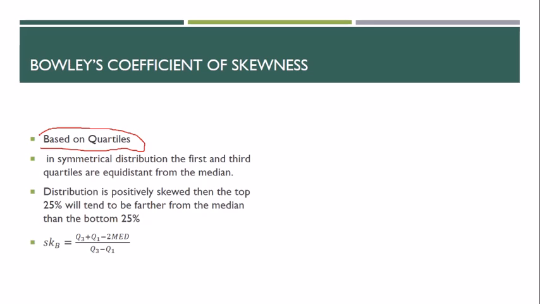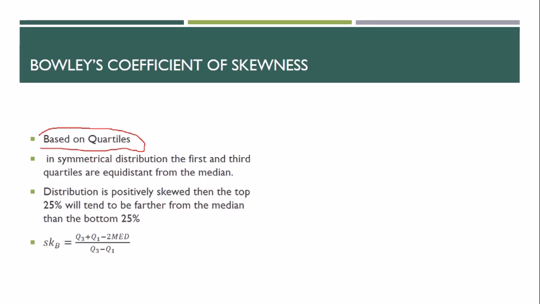But since it is skewed, if a distribution is positively skewed, then the top 25% of the values will tend to be farther from the median than the bottom 25%. SKB denotes Bowley's coefficient of skewness, and the formula is Q3 plus Q1 minus 2 median divided by Q3 minus Q1.